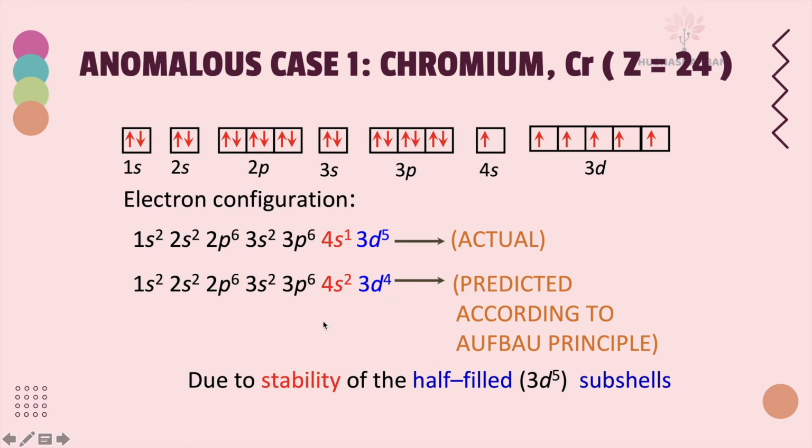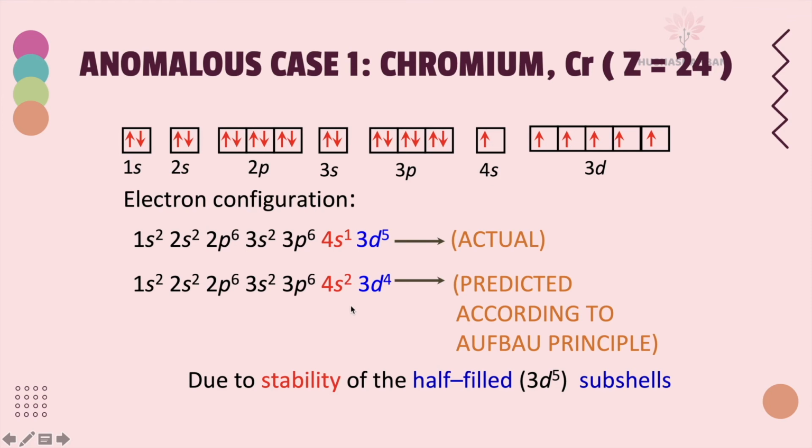Aufbau states that electrons must be filled into the orbital which has lower energy first. If we compare empty 4s with empty 3d, the empty 4s has lower energy than the empty 3d.